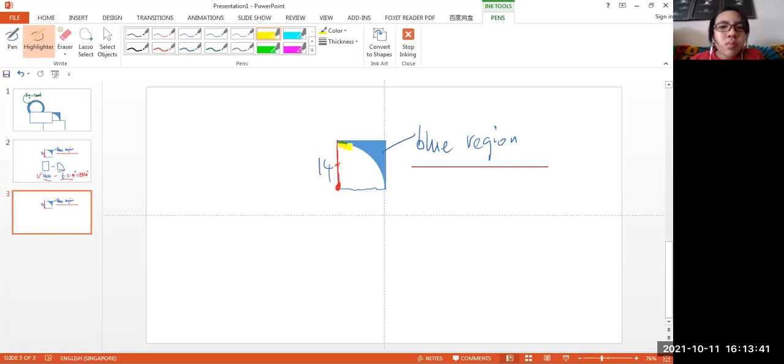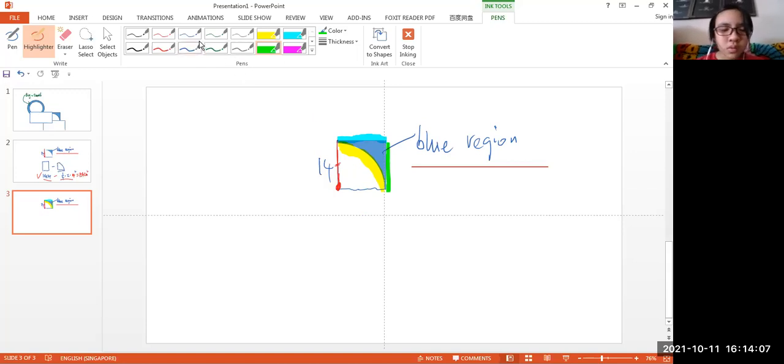Basically you trace it. You need to find the yellow part first, and then the blue one and the green one. This entire thing is the perimeter of this blue region.